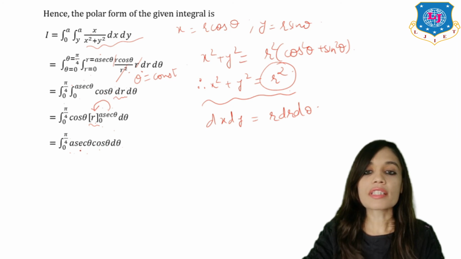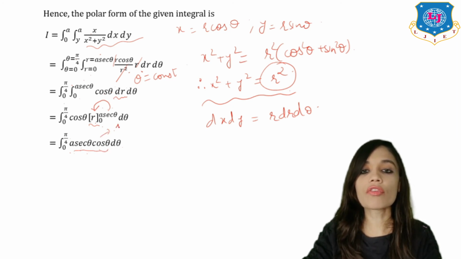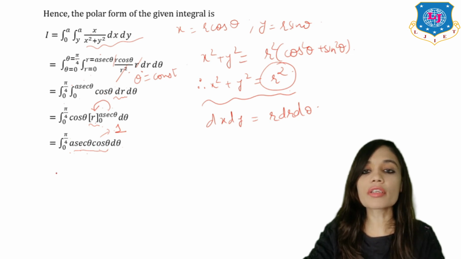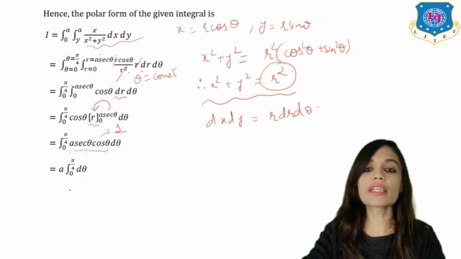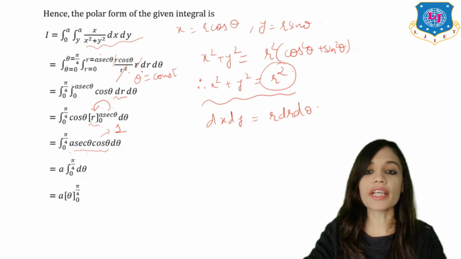But we know sec theta into cos theta will give us 1. So finally what will remain? Integration 0 to pi by 4 d theta. Take this a outside. Now integration of 1 d theta will be theta, so finally we will get a times theta, and the limits are 0 to pi by 4.